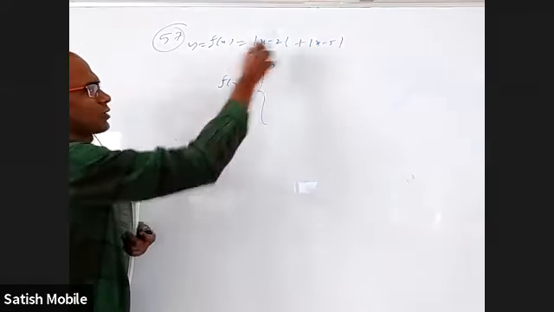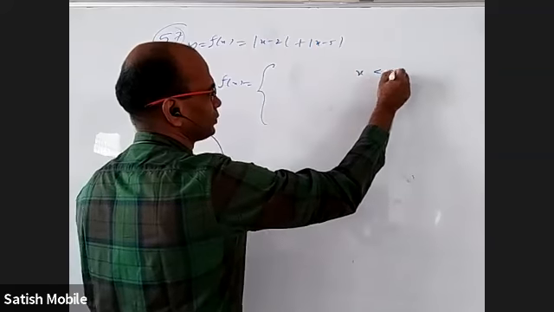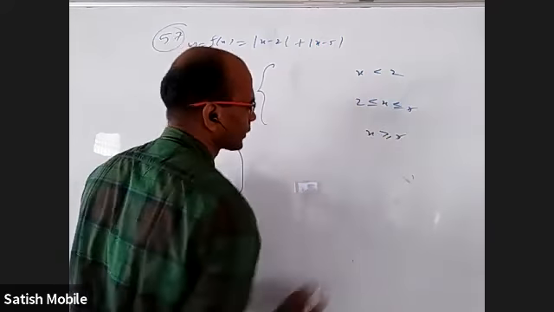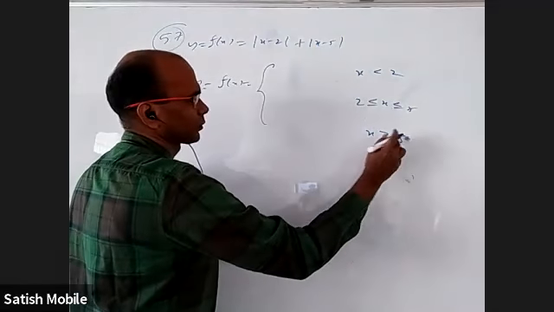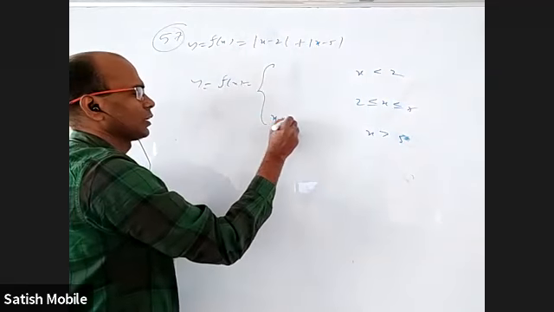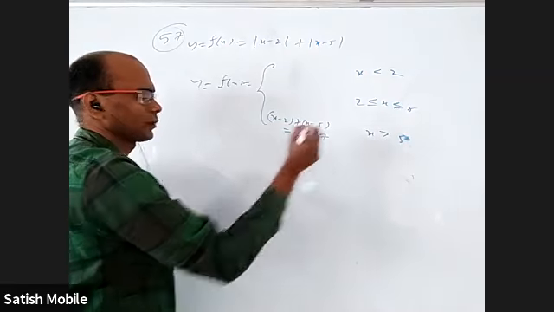Actually, for f of x or y here, consider x less than 2, x between 2 and 5, and x greater than or equal to 5. When x is more than 5, both x minus 2 and x minus 5 are positive, so I can remove the mod and get x minus 2 plus x minus 5, which is 2x minus 7.